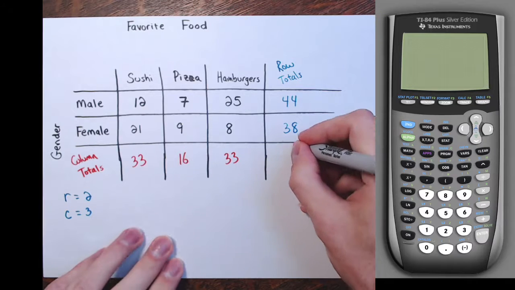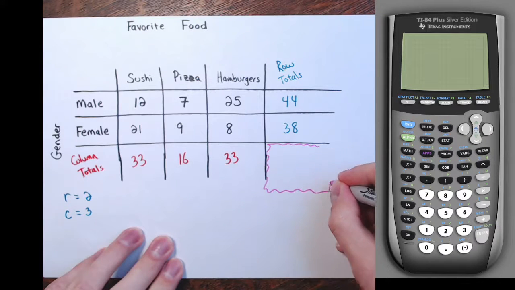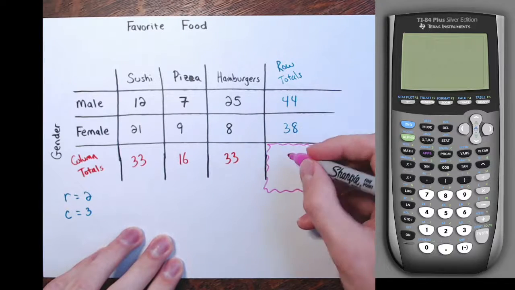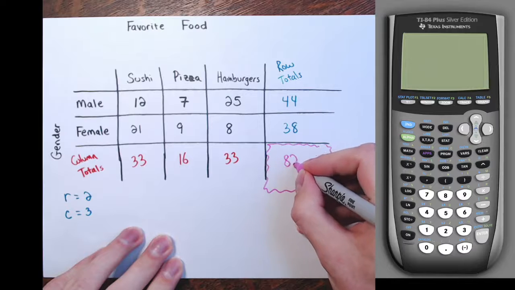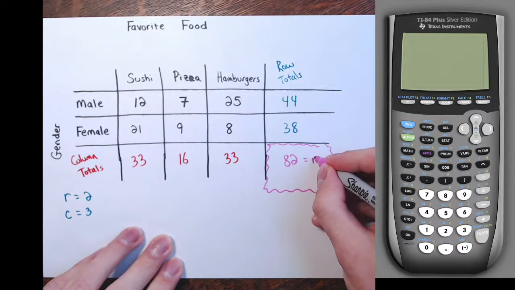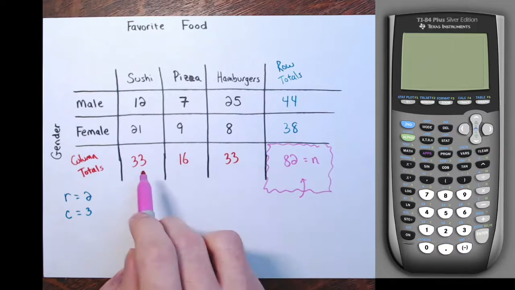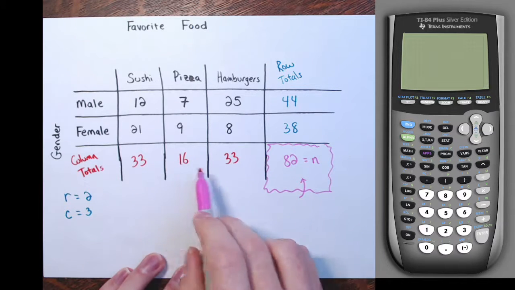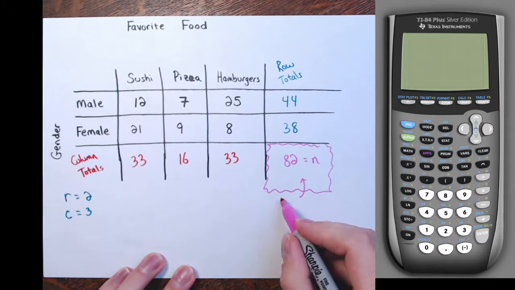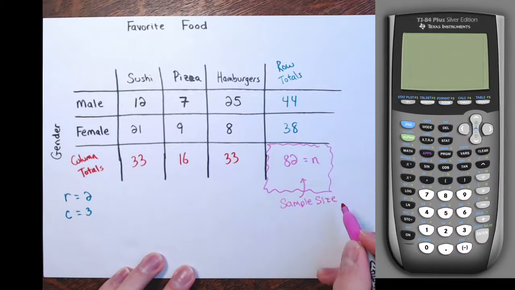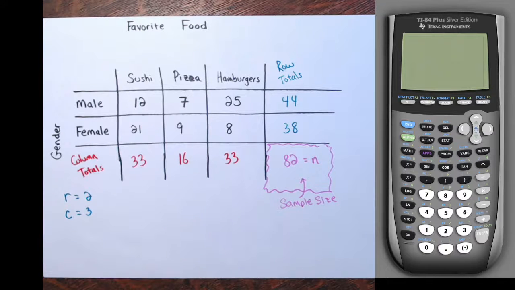So 44 plus 38 is 82. You can call this lowercase n for the sample size. This would be the same as if you took 33 and 16 and 33, which adds up to 82 as well. But here's your sample size: how many students were surveyed here? Again, different color because it's not part of the main 2x3 table.